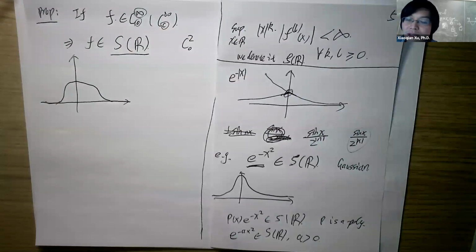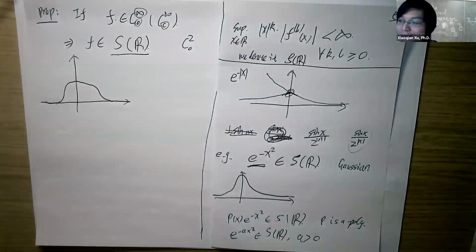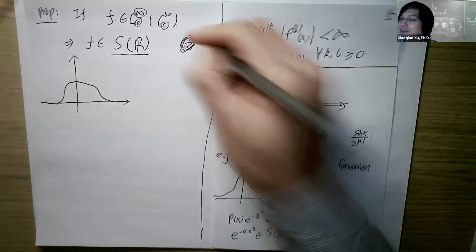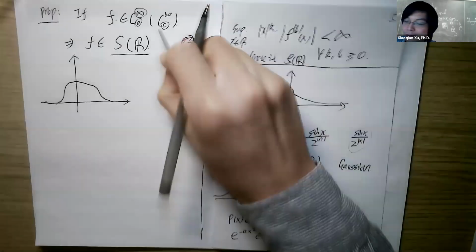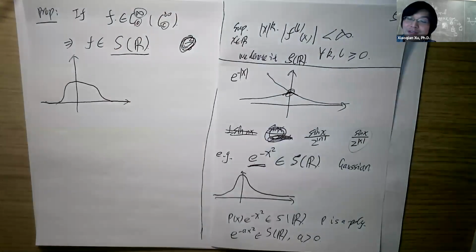It's a special notation. You cannot say C1 infinity. That doesn't make sense. Okay. So this C just means compact. This 0 just means it has a 0 so-called boundary condition, and the boundary for R is just infinity. We can try to imagine it that way.